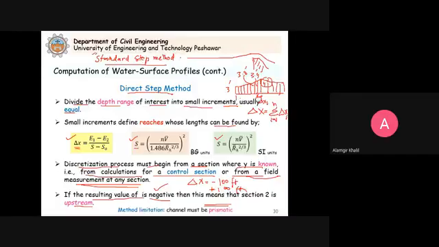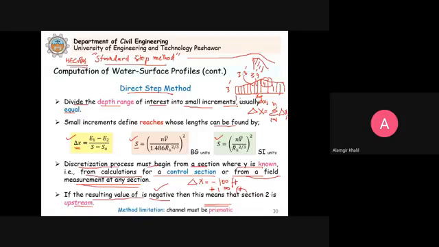They have implemented this method because it can be applied to natural streams as well as prismatic channels. But we will not study it in detail, because it is essentially a complex trial and error procedure. That's why our main focus will be on this method, but I will explain how we proceed to solve the problems.